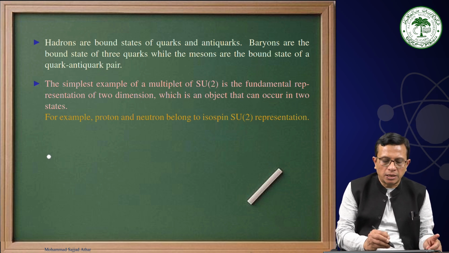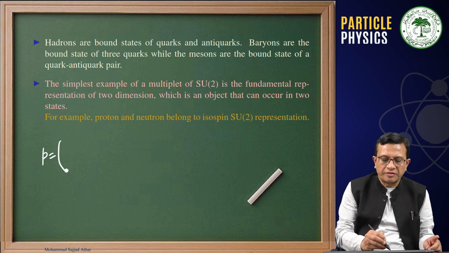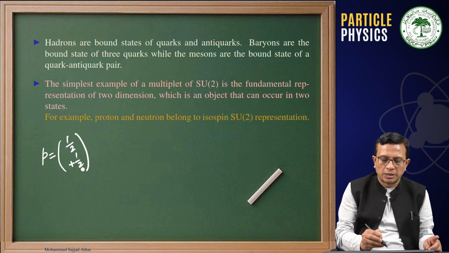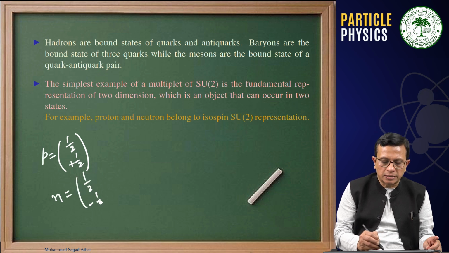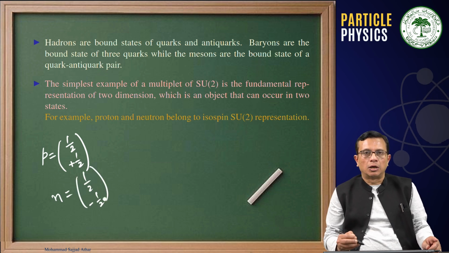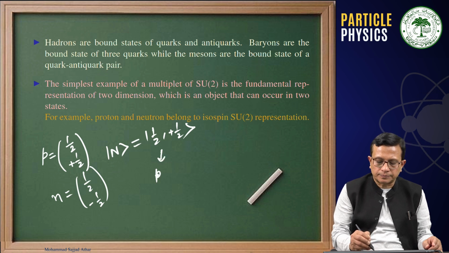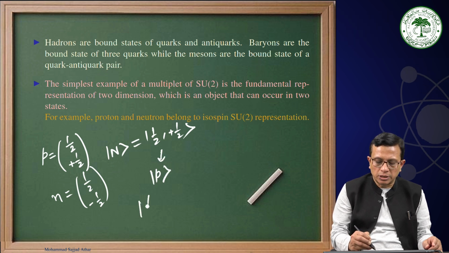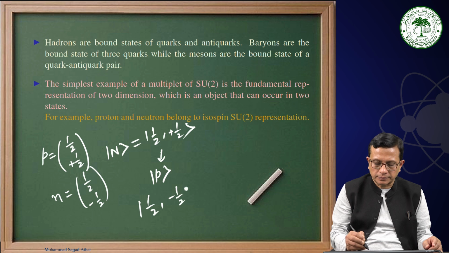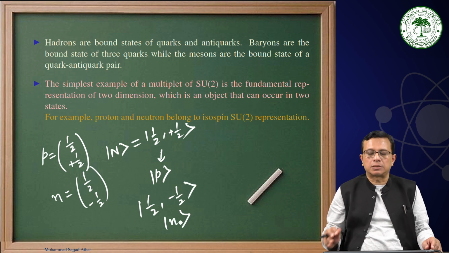In the doublet we have the proton with isospin half whose projection is plus half, and the neutron whose isospin is half and projection is minus half. We call it the nucleon state. We also represented the proton by half plus half, and the neutron by half minus half.